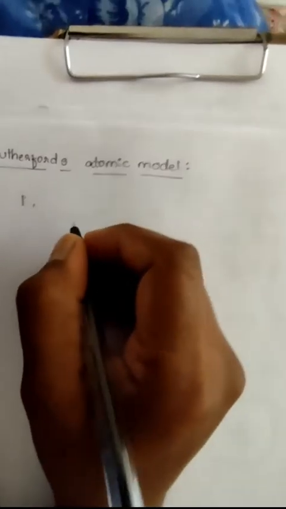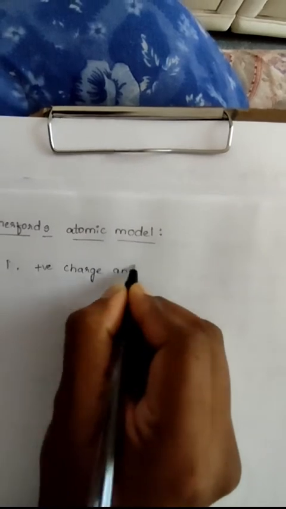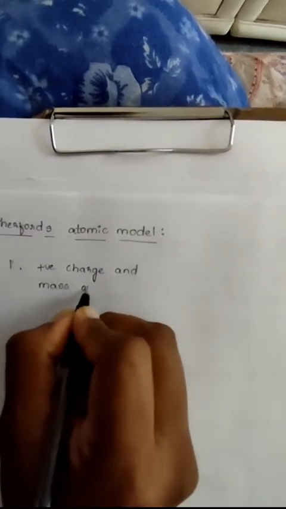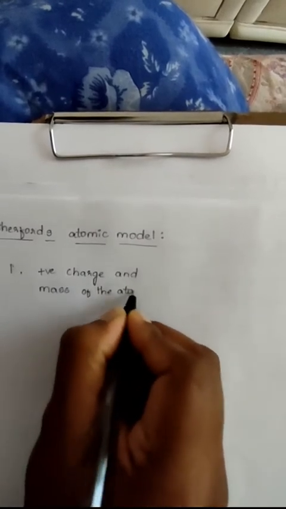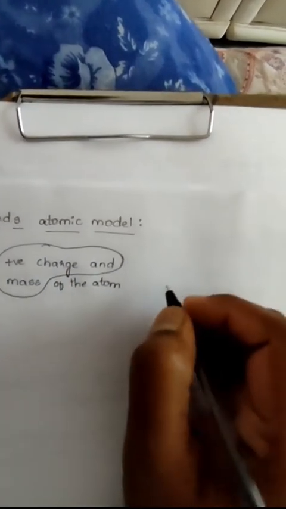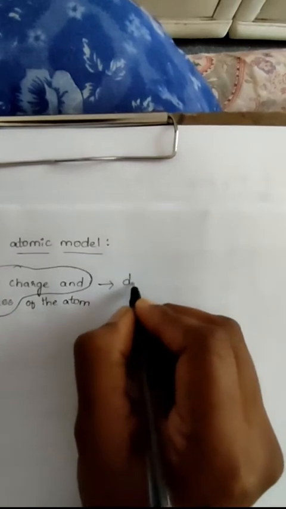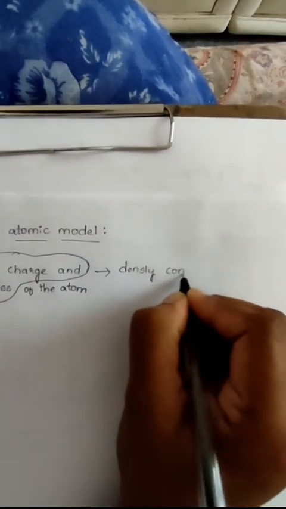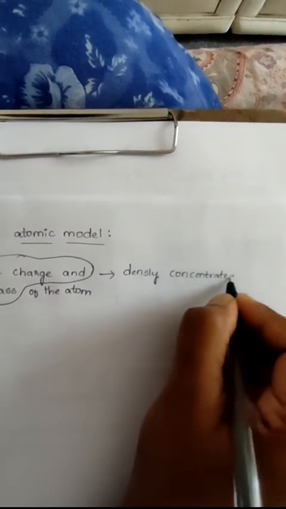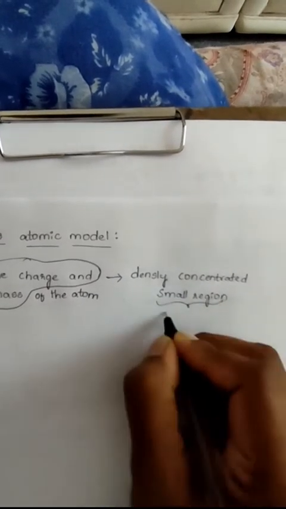According to Rutherford's atomic model, the positive charge and mass of the atom are densely concentrated in a small region. He named this small region the nucleus.